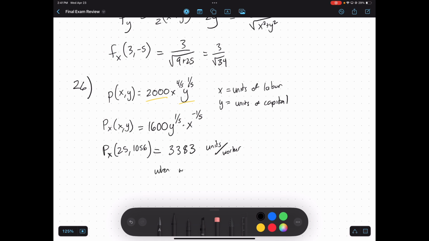And what else are we assuming? What does that 1056 have to do with things?